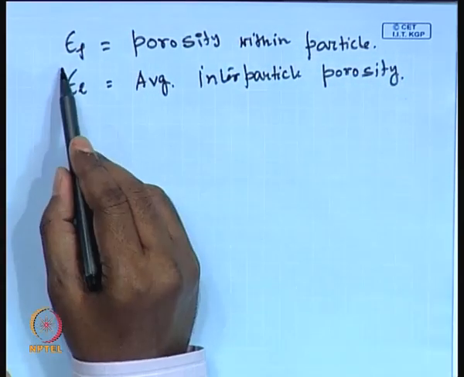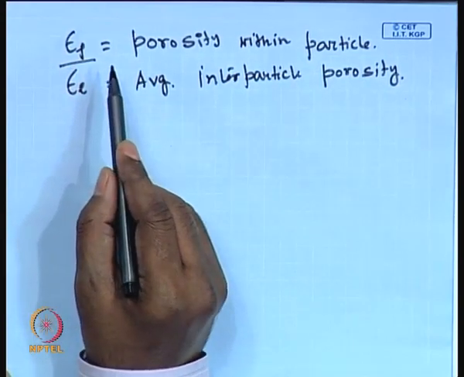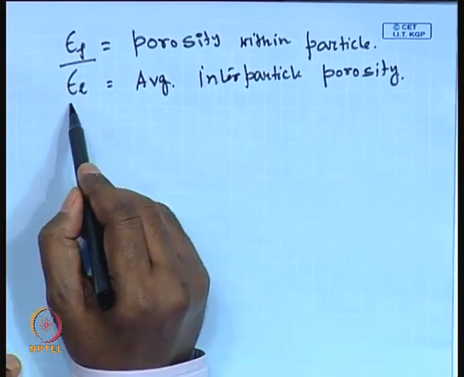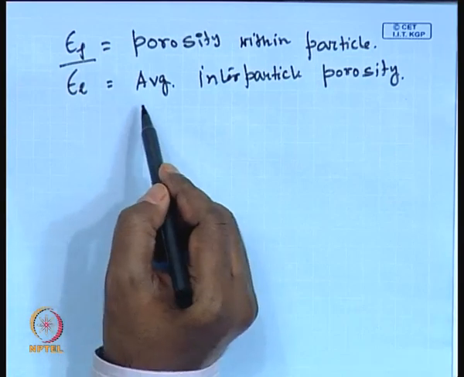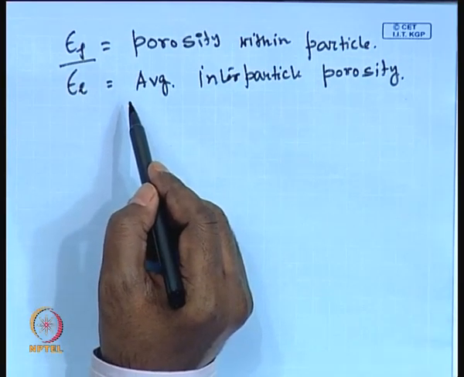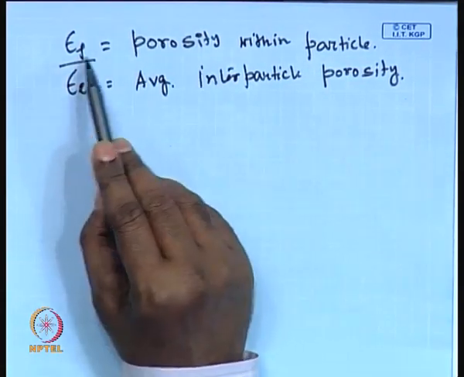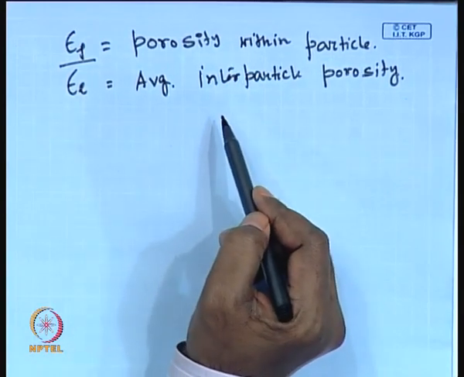So, epsilon p is intraparticle porosity, which corresponds to the porosity of the particle, and epsilon e is average interparticle porosity, the porosity between the adjacent particles. That is the porosity that exists between the adjacent particles.